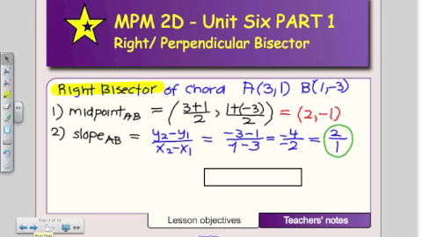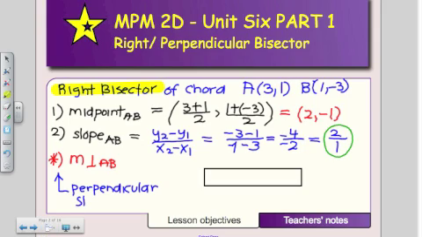My next step is a very important step. That is to find the perpendicular slope of AB. I really want to highlight this. Now, in order to find the perpendicular slope, we are going to use the negative reciprocal of our answer from step 2.